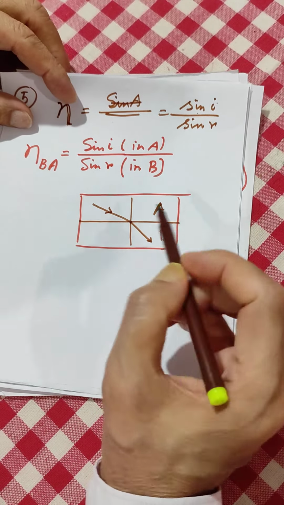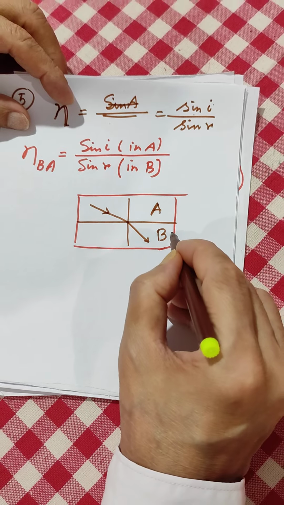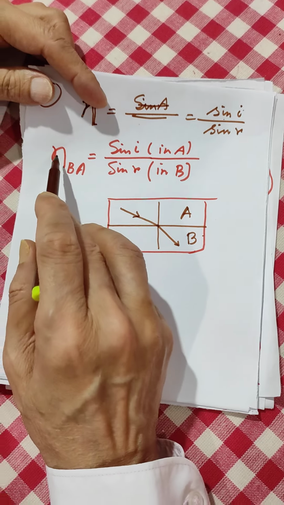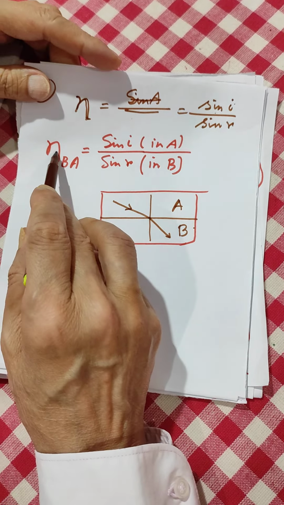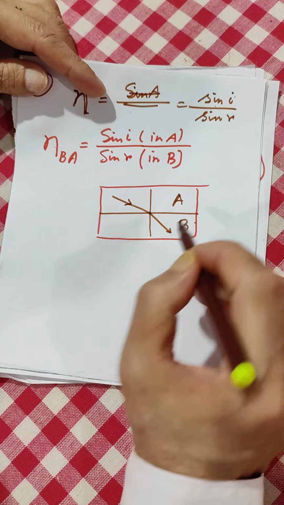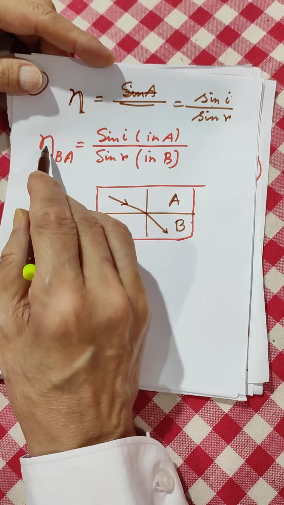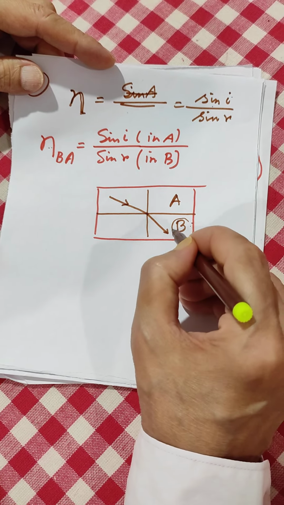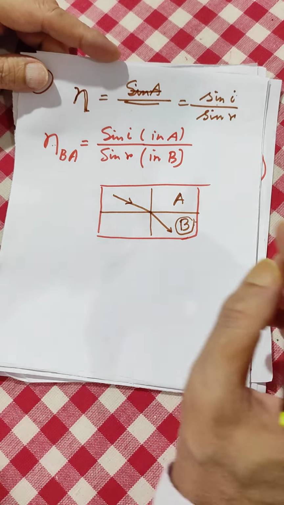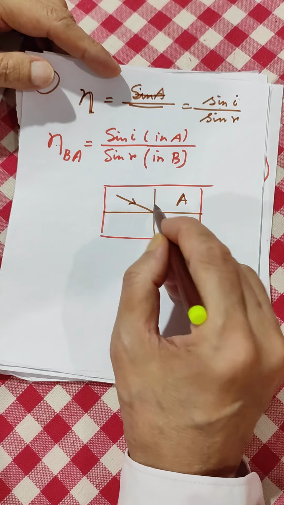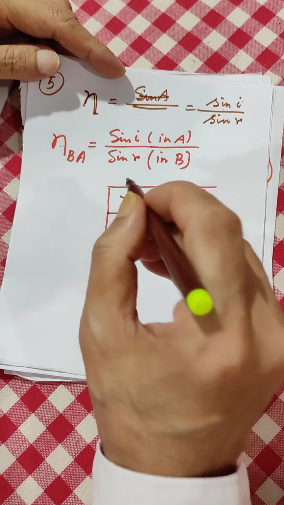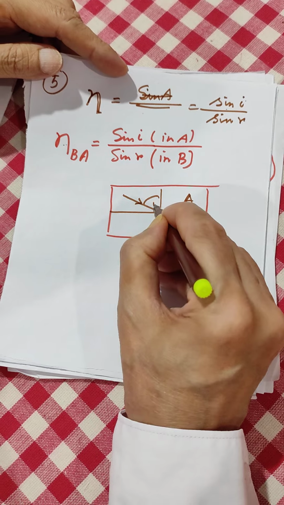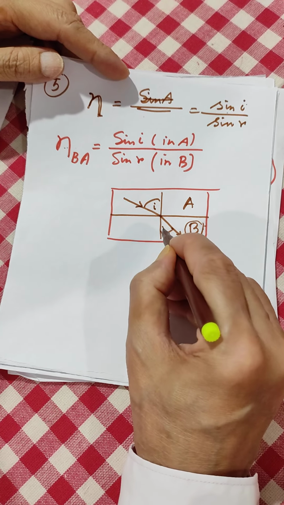Then B is the refracting medium. Now the refractive index always refers to the refracting medium. Remember, refractive index always refers to the second medium, that is the refracting medium. Now light is entering from A to B. This is i, the angle of incidence, and this is r, the angle of refraction.